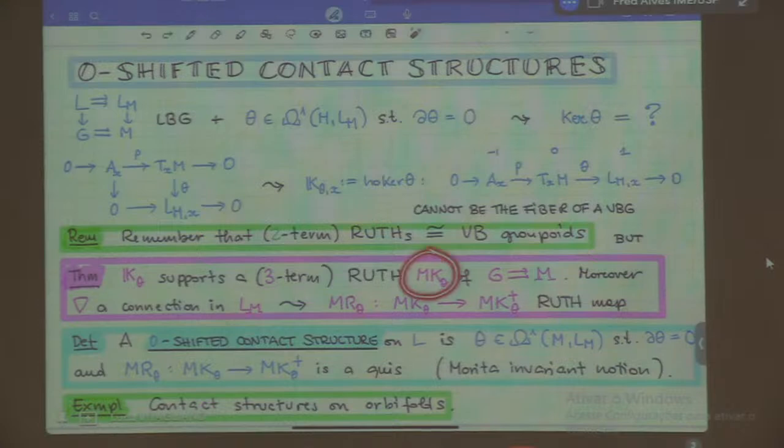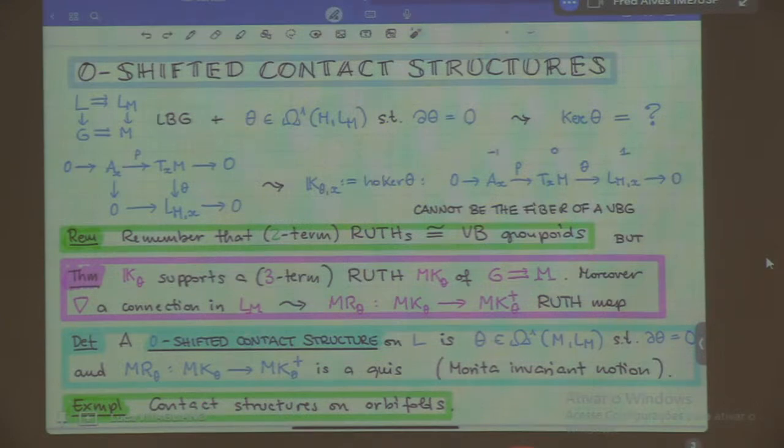We call it again the Morita kernel. We can define the curvature as the atomic connection, and now it's a map of representations up to homotopy. Notice that this picture is consistent with the previous one, the one that we had for +1 shifted.